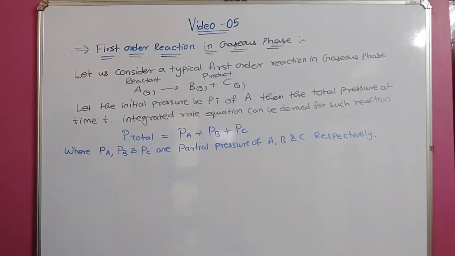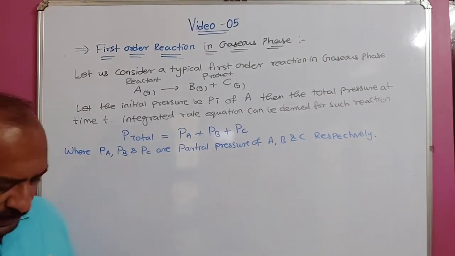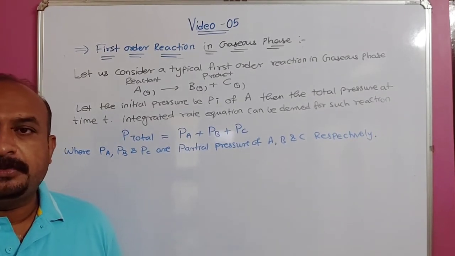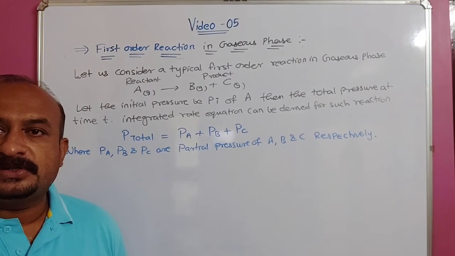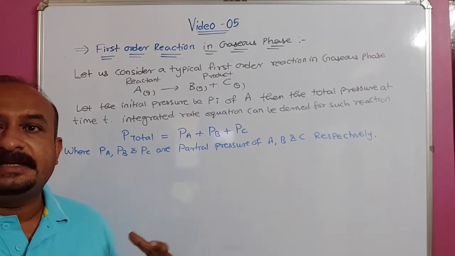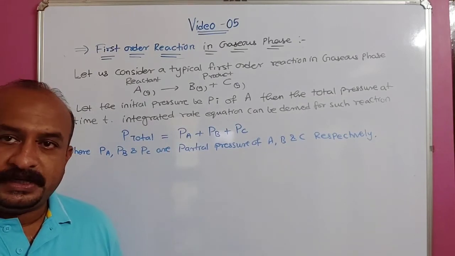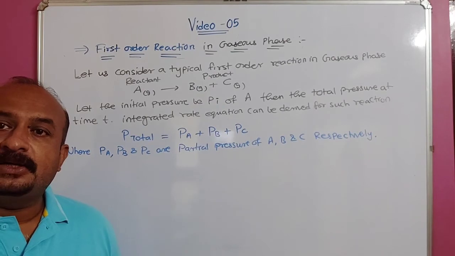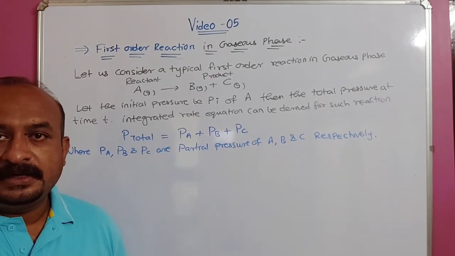Now, I think you must have studied this in equilibrium, if you remember. Initial pressure was there, then at equilibrium. So in this case, at time t equal to 0 we will take the pressure, and at time t equal to t we will take and find the relation.